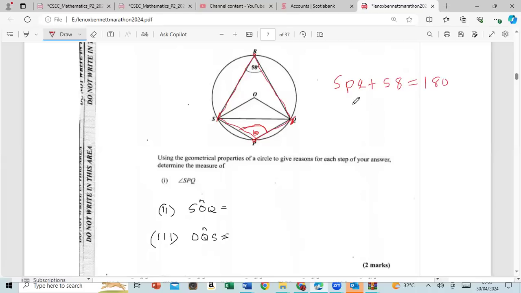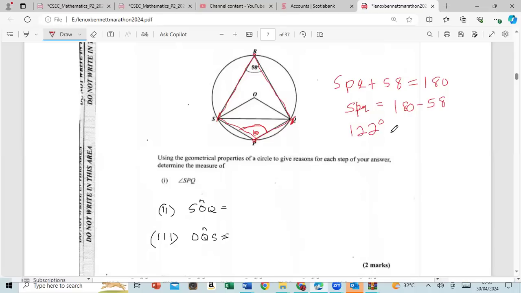Now you transpose and subtract. I used a small letter where it's supposed to be a capital. Please don't do that in the exam, guys. Just write the right thing. So we just subtract 58 from 180, and this works out to 122.